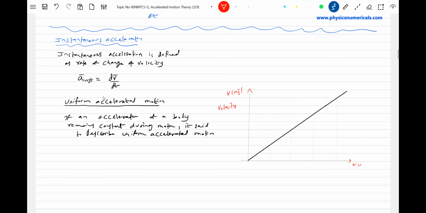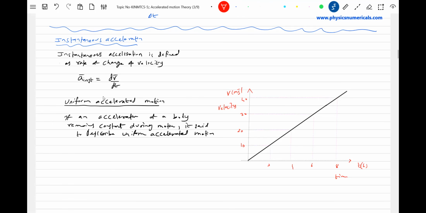And this is time. T is in seconds. Let this be 2 seconds, 4, 6, 8. And let the speed of the particle increase in this order, 30, 40. Now I can say that for every 2 seconds, the velocity will increase by 10 meters per second.